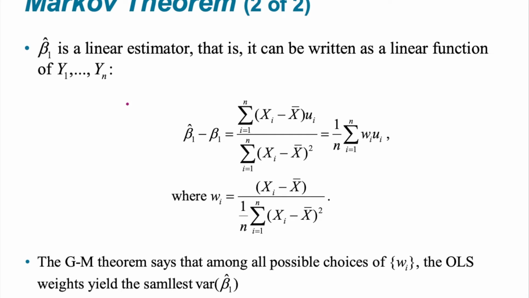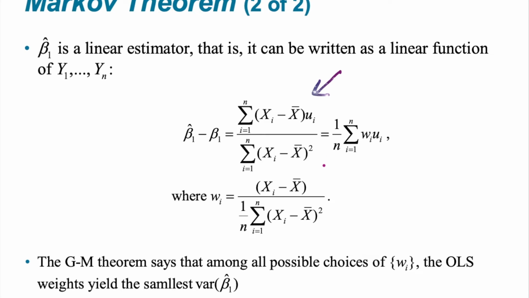That is, OLS is a linear estimator. That means it can be written as a linear function of y1 through yn. Recall how our expression of beta 1 hat minus beta 1 is given by this ugly looking thing here: the sum from i equals 1 to n of xi minus x bar times ui, all over the sum from i equals 1 to n of xi minus x bar squared.